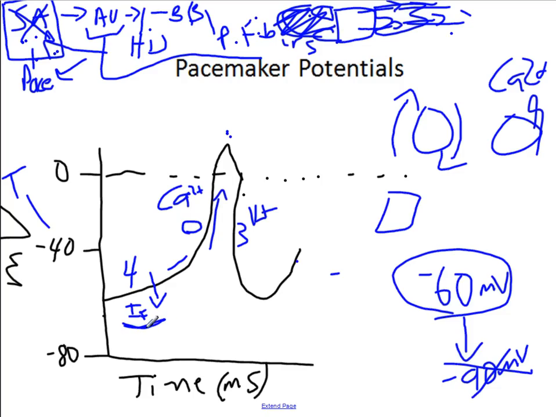And as I mentioned a little while ago, the clusters of these autorhythmic cells that depolarize and repolarize the fastest are going to set the pace of the heart, or set the heart rate. And the SA node, which stands for the sinoatrial node of the cardiac conduction system, has the cells that do this the quickest. So as a result, that's why the SA node is called the pacemaker of the heart.